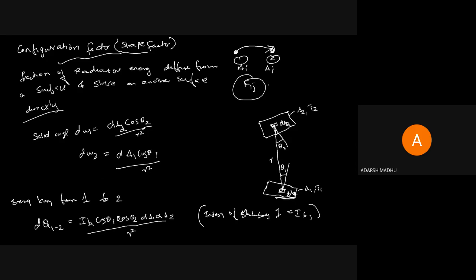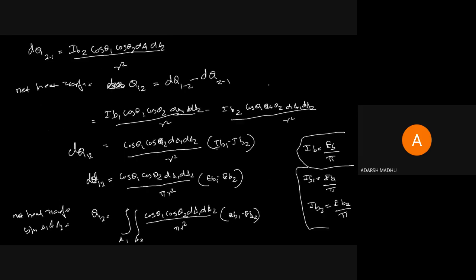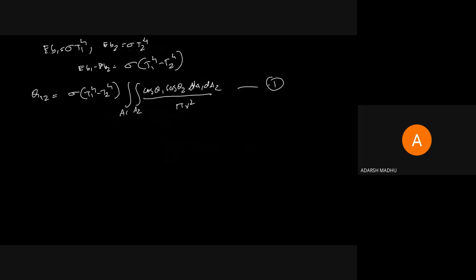First you have to find the total heat transfer rate from dA1 to dA2, small areas. Thereafter, integrating that equation, you find the total heat transfer between A1 and A2: Q12 equal to sigma T1 raised to 4 minus T2 raised to 4 into integration of A1 A2 cos theta 1 cos theta 2 dA1 dA2 divided by pi r square, equation 1.